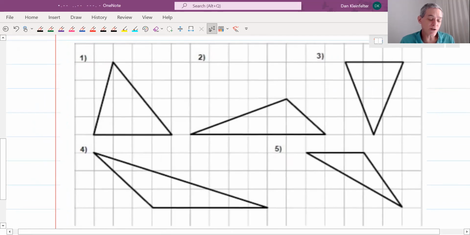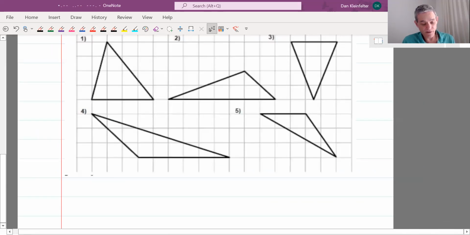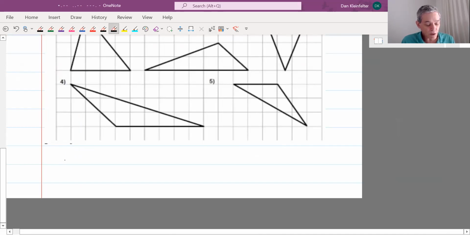All right, so we want to look at triangles next. So I want to think about triangles. There's just a handful of different ones here. We'll use those in a minute. So the key features that you need to know for a triangle are, we're going to use the letter B to stand for the base of the triangle, and the letter H to stand for the height of the triangle.